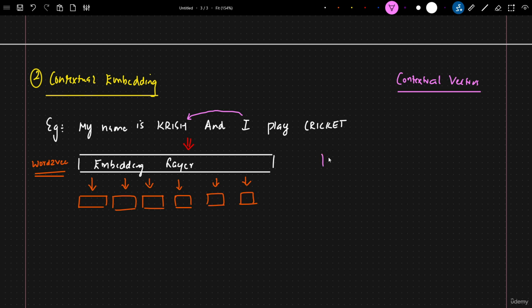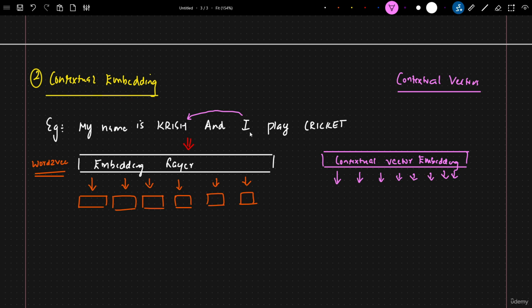So if I give this same sentence to my contextual vector embedding, then the vectors I get should have some relationship with the other words.